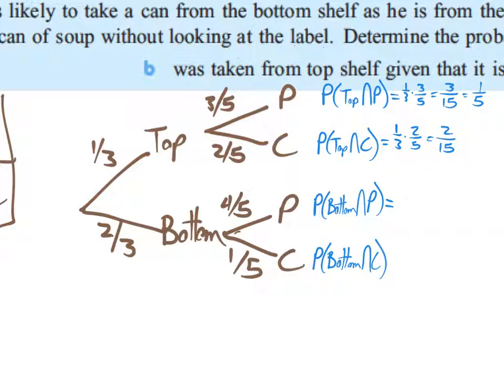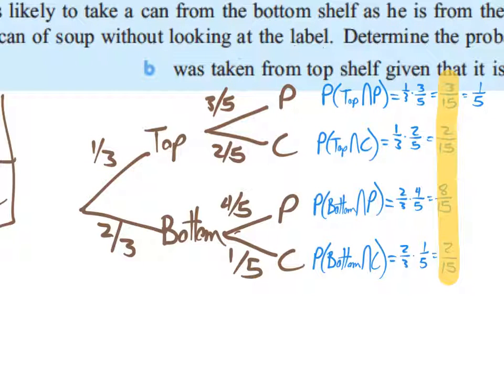Now, what's the probability of the bottom and pumpkin? 8/15. Good, 2/3 times 4/5 is 8/15. And then finally the bottom and chicken? 2/15. Good, 2/3 times 1/5 is 2/15. Now notice these do add up to 1.